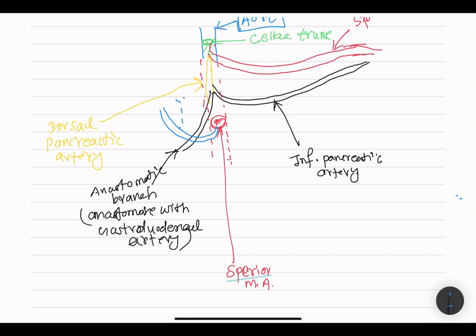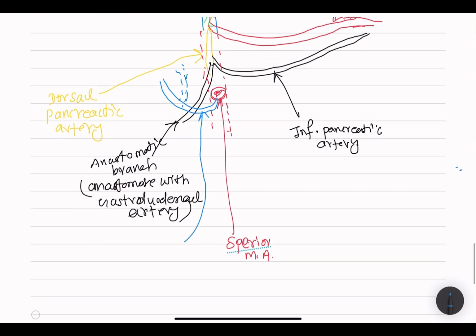So the dotted is the posterior part. This is the anterior and posterior pancreatico-duodenal artery.